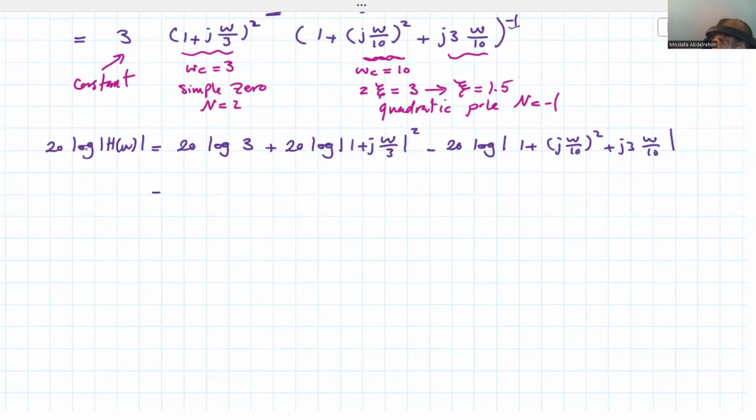Okay, let's continue the simplification. 20 log 3, that's a constant. It's around 9.5 decibels. Plus, we're going to bring the 2 here, so that will be 40 log.